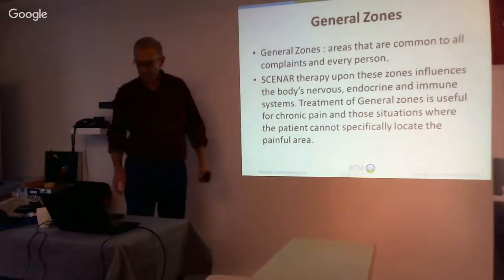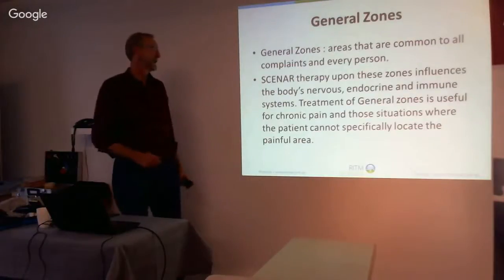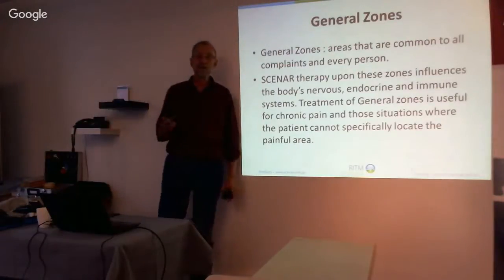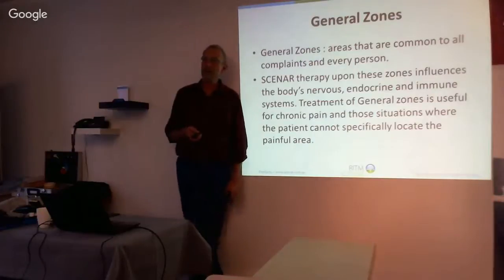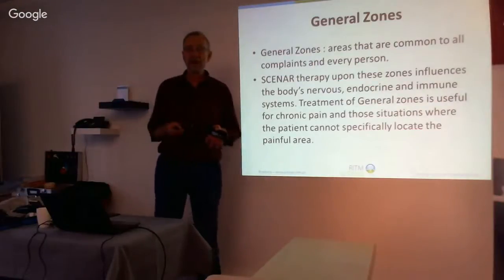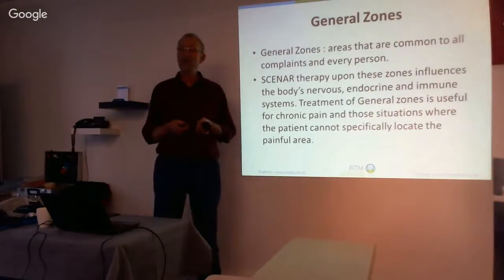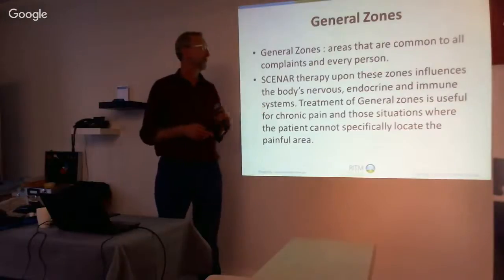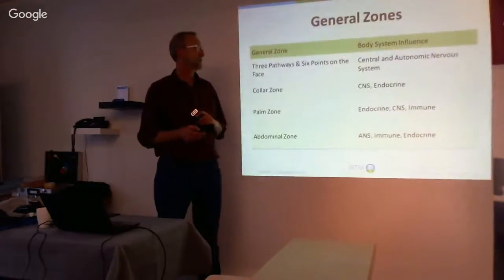And this is useful for patients, as I mentioned before, who come in and say, oh, I've got this pain at 3 o'clock at night, but now at 10 o'clock in the morning, I don't have pain. So these would be an ideal patient to start a treatment with in general zones.